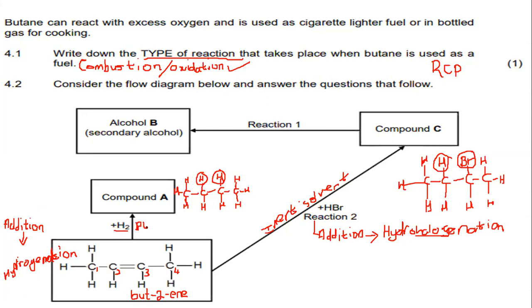Then to remember the conditions, remember hydrogenation requires either platinum as a catalyst, or you can use palladium as a catalyst, or you can use nickel as a catalyst. And remember what I also said to you, my dear learners, you need to write them either on top of the arrow or just beneath the arrow.